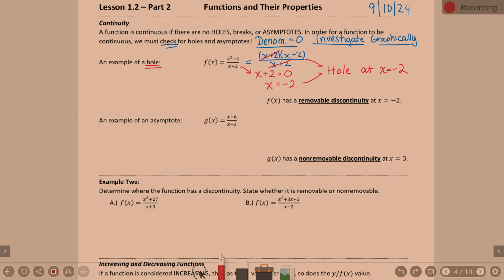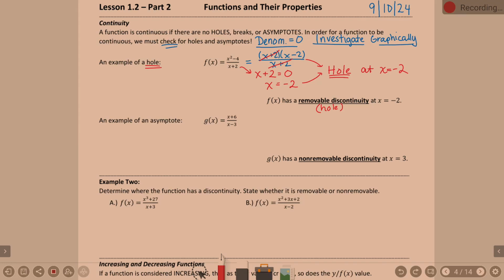And that's because that x plus 2 factor canceled. So if you set your denominator equal to 0, but that denominator is able to be canceled out, it's going to result in a hole. Now, vocabulary-wise, f of x has a removable discontinuity. A removable discontinuity is the fancy way or official way of saying hole at x equals negative 2. So a removable discontinuity is a hole.